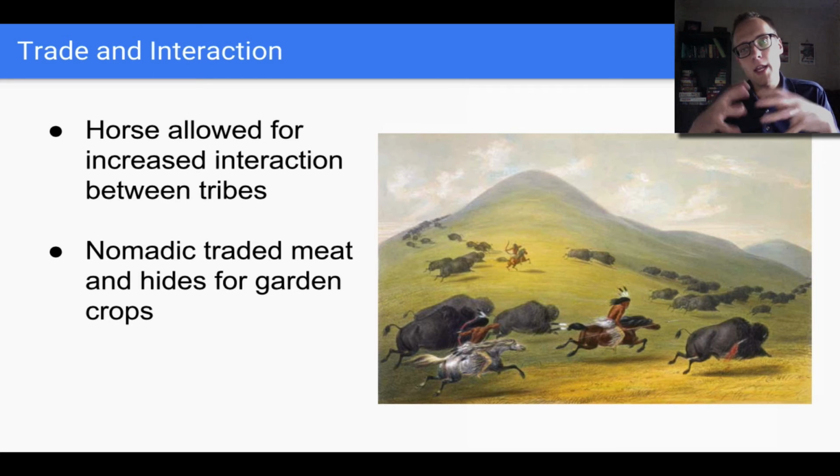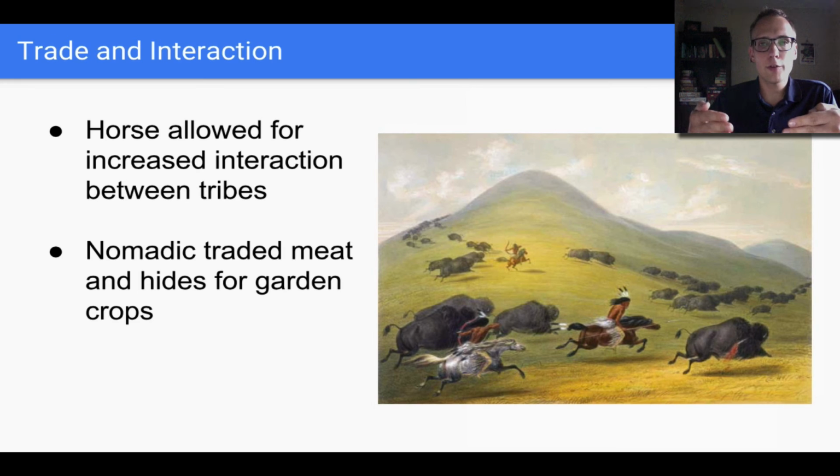There was some trade and interaction between these different culture groups, these Native Americans. For the most part positive, but they did fight over land disputes. They didn't have the same kind of rigid land policies that we do today, but they did get into conflict with that. Most interaction, though, was good.